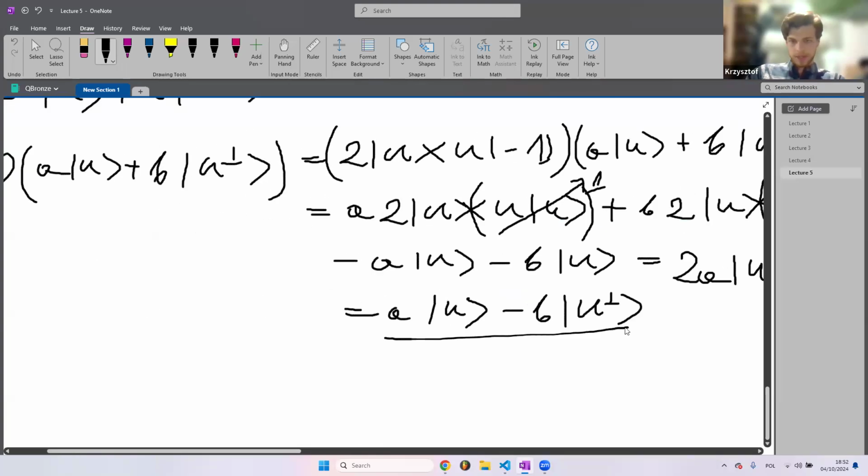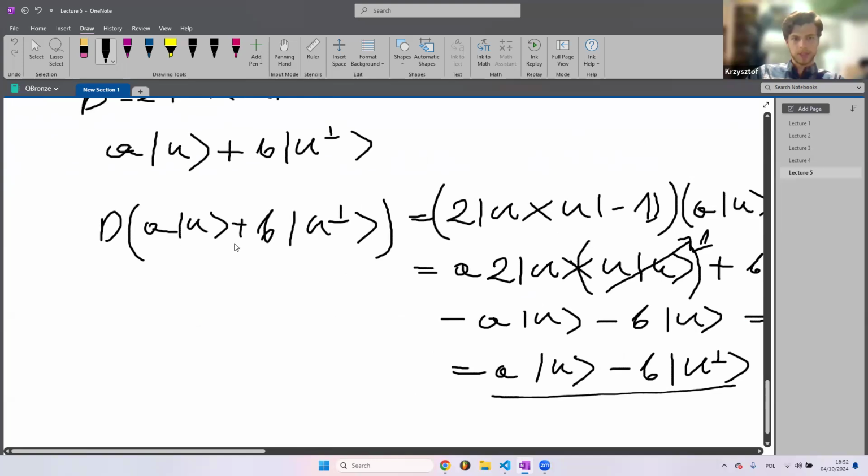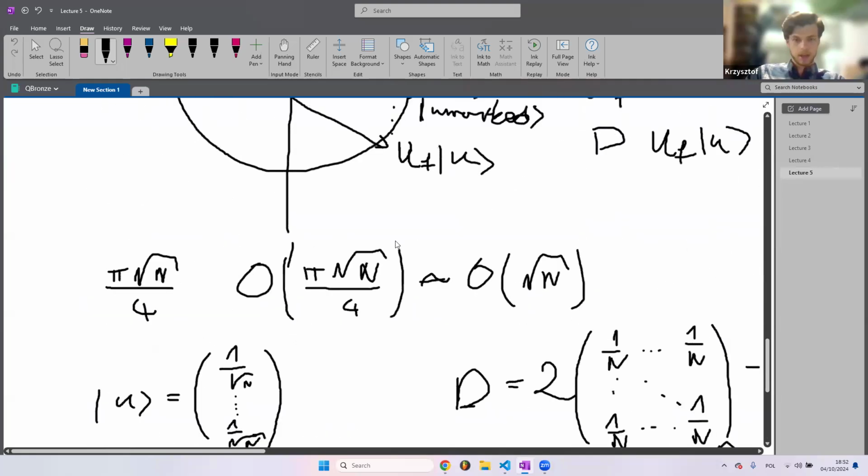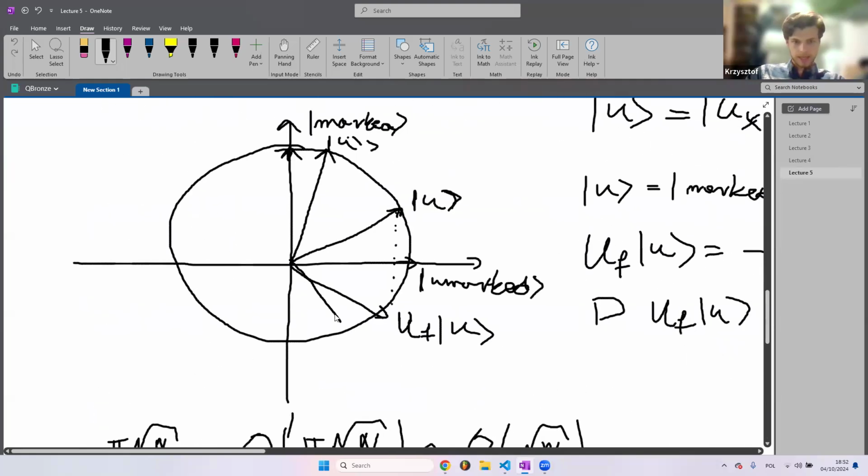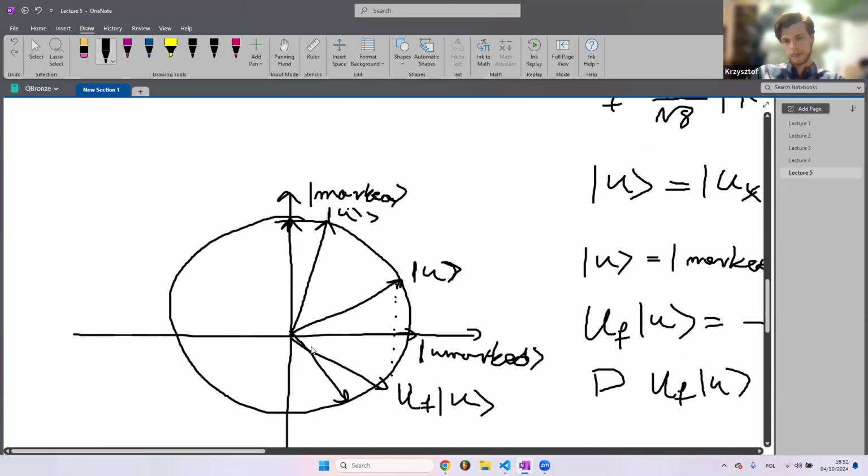So from this, you can see that we went from a state with a plus sign here to a state with a minus sign in here. So once again, the state after applying this D operator is the reflection about the U vector.